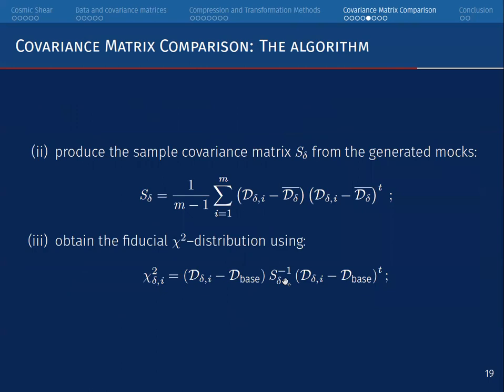Once the mock samples for a given perturbation have been generated, we compute the sample covariance matrix S. The fiducial chi-squared is obtained in the usual way as described here. Notice that here we are using the mock sample and what we are calling the base covariance matrix.